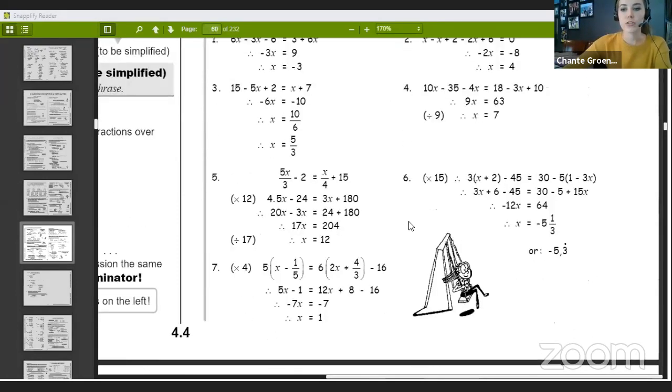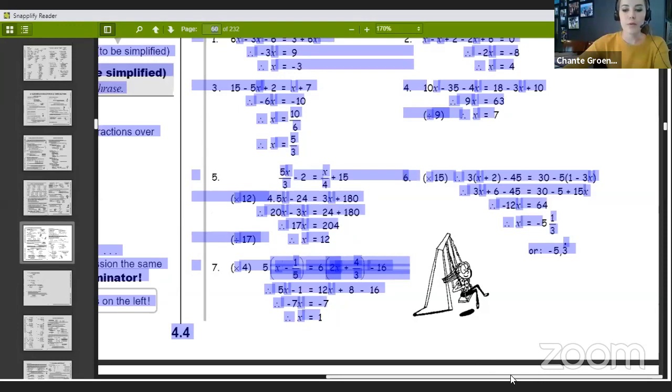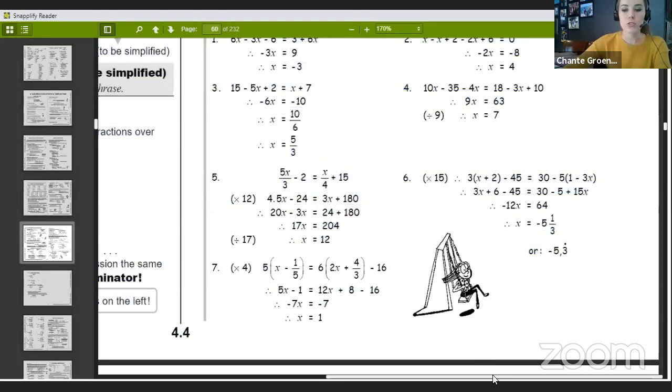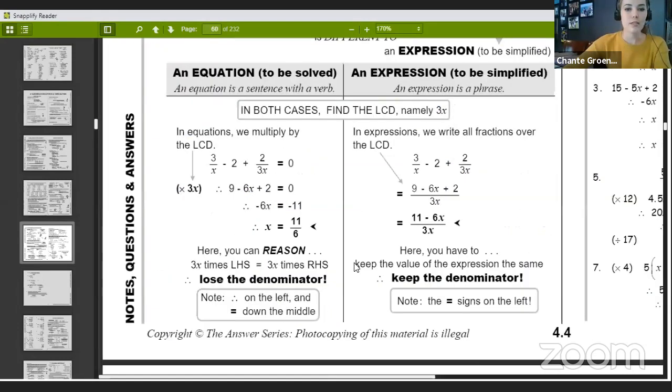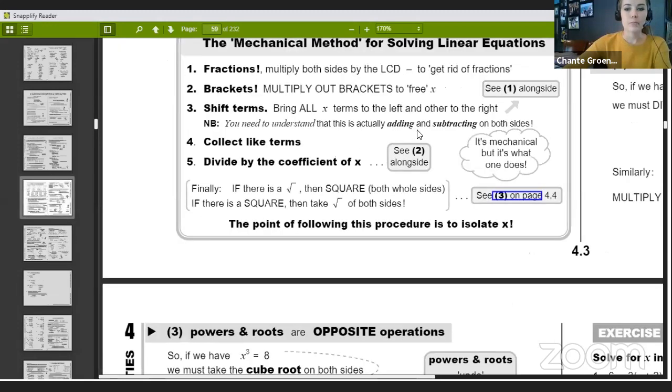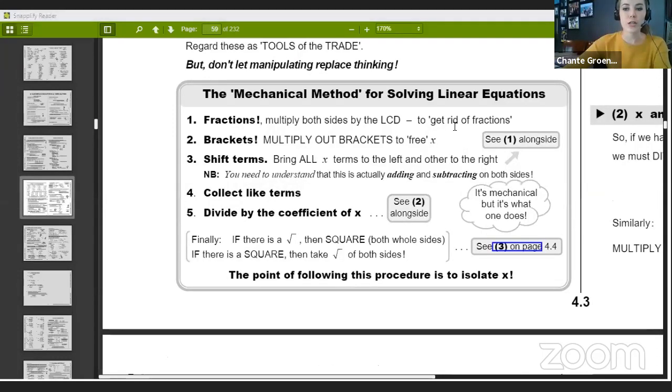Okay, Junior, did you get my explanation why we now multiply the 4 into the terms? Because my rule says my first step is I need to get rid of my fraction. In order to get rid of my fraction, I need to multiply both sides with my lowest common denominator.